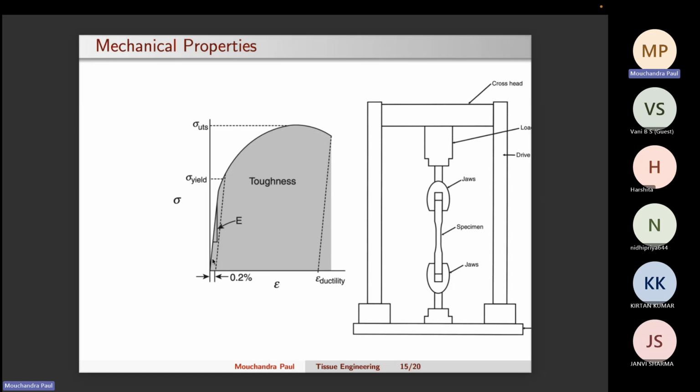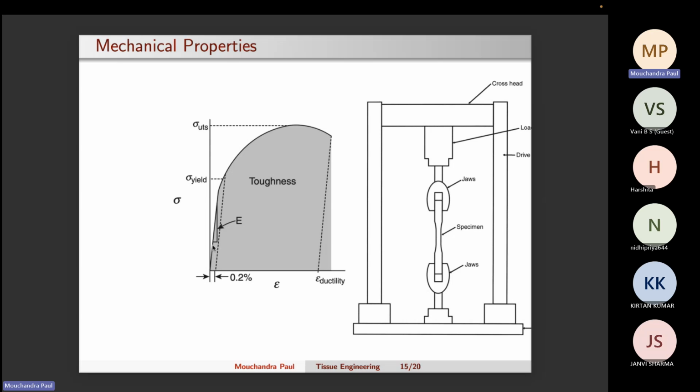Whatever strain that you apply, meaning you are increasing the length by giving some tensile force on your material, if that strain is within this limit, when you remove the forces, the length will go back to its original one. That is what is called elasticity.